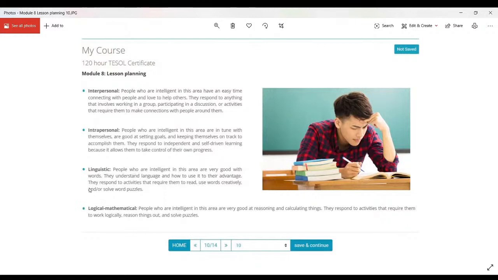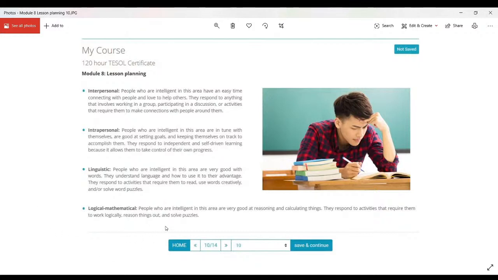Next, linguistic. People who are intelligent in this area are very good with words. They understand language and how to use it to their advantage. They respond to activities that require them to read, use words creatively, and/or solve word puzzles. Logical, mathematical.